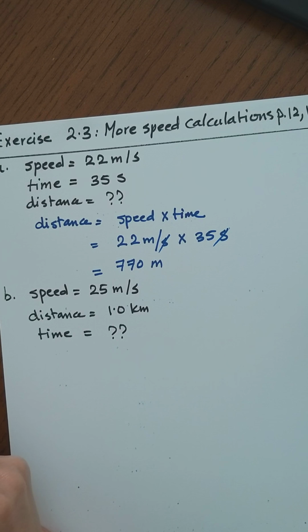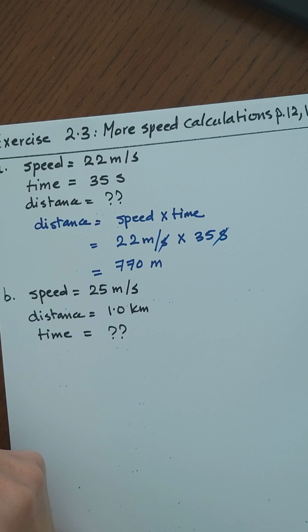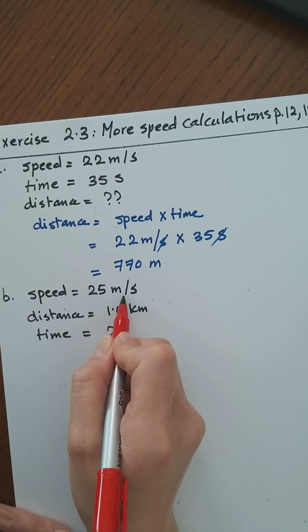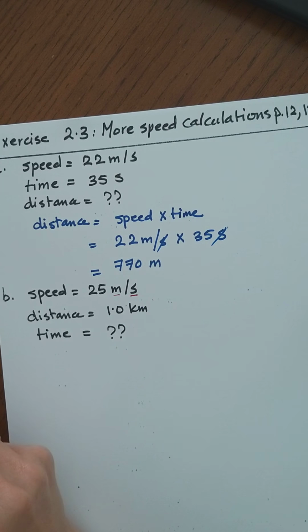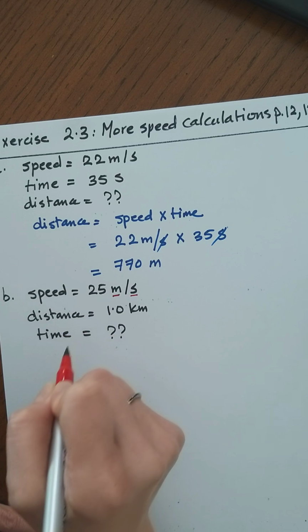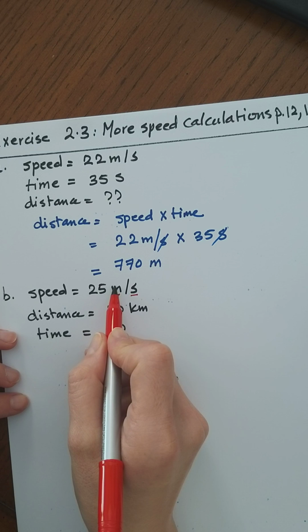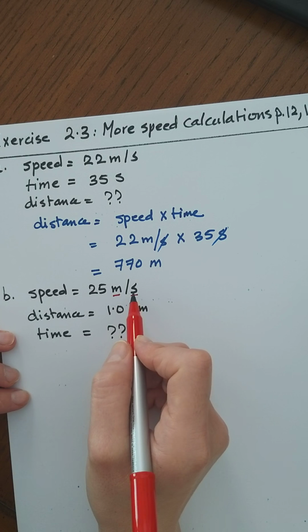Kilometer is the distance. Whenever you have a speed question where you have to rearrange the speed formula, you have to pay attention to the units of speed. The units of speed, meters per second. So any value that we need to put in the formula needs to be converted to meters if it was distance, or to seconds if it was time.